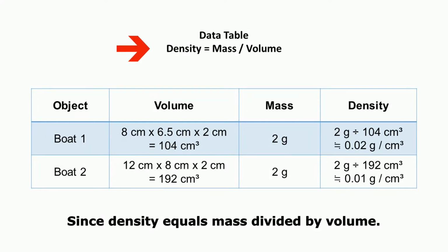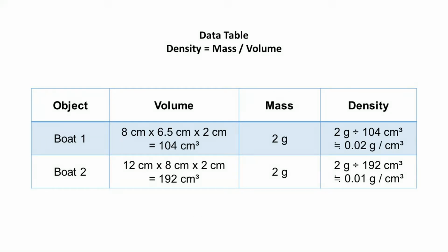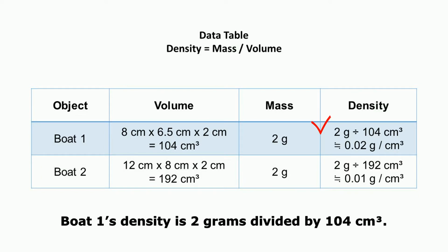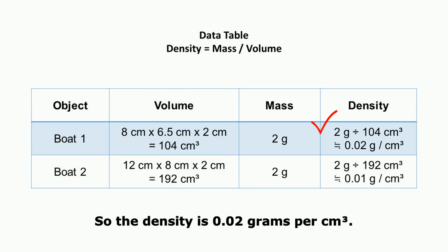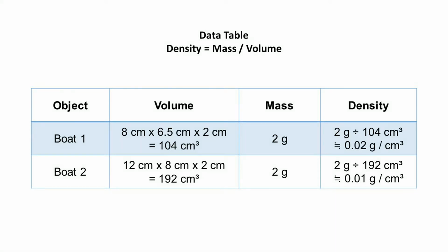Since density equals mass divided by volume, D equals m/v, boat 1's density is 2 grams divided by 104 cubic centimeters. So the density is 0.02 grams per cubic centimeter.